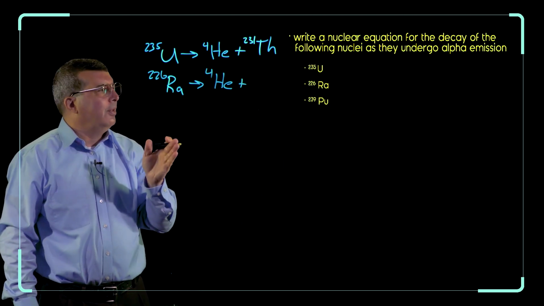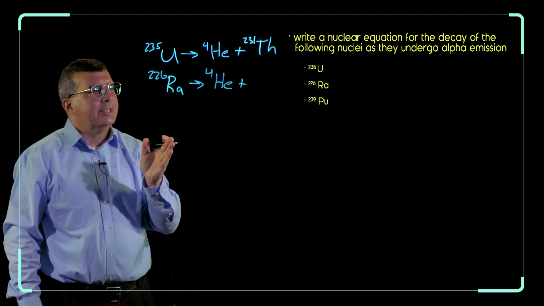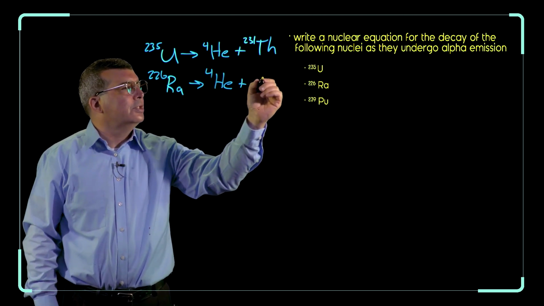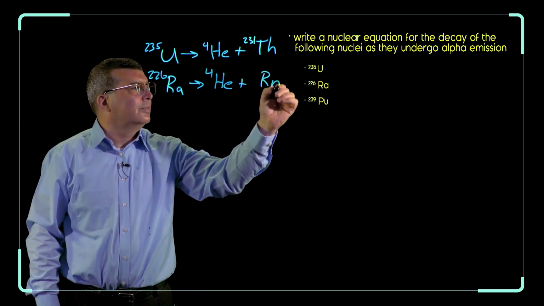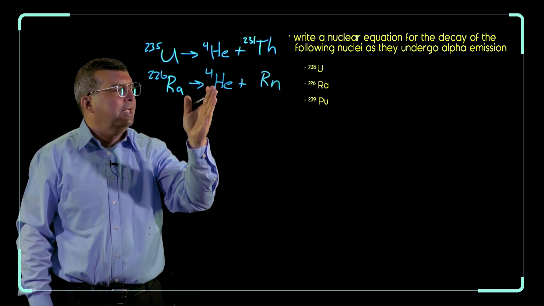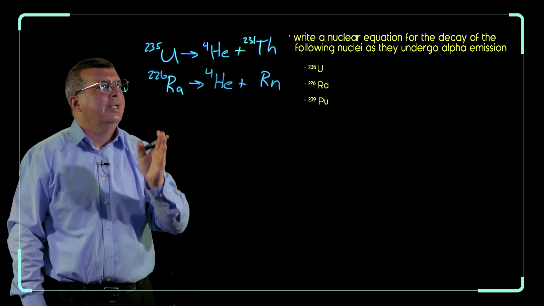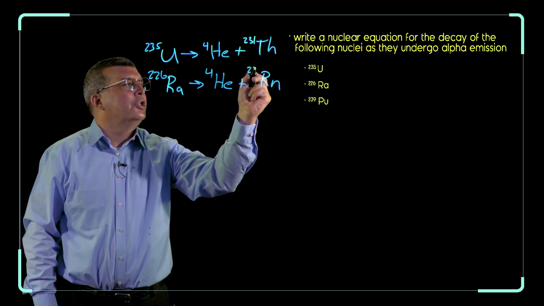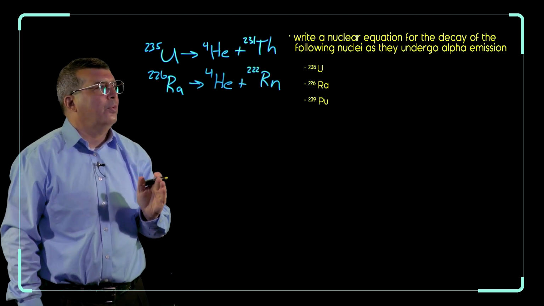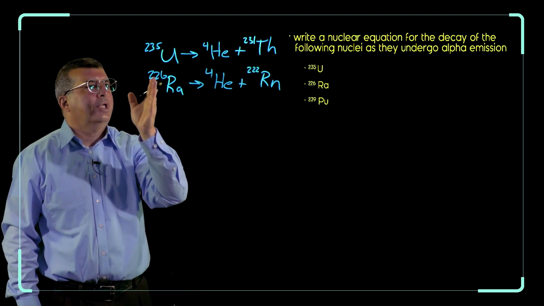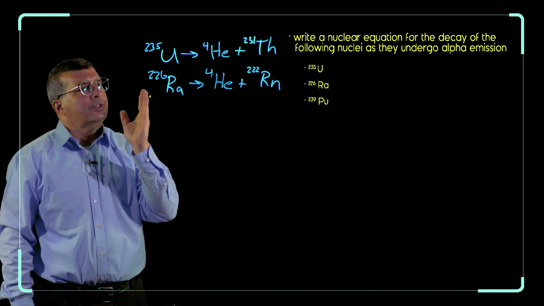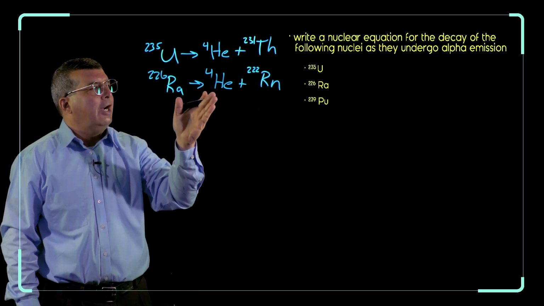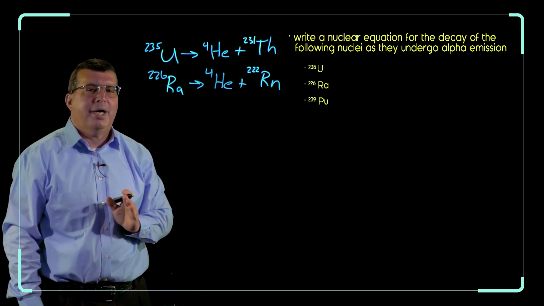Radium, consulting our periodic table, is element 88, so it loses 2 protons, becomes element 86, which is radon. So radium ejects a helium, becomes radon, starts off with 226 nucleons, so it must be left with 222 after it ejects 4. So 222 plus 4 gives us our original 226. So radium-226 alpha decays and becomes radon-222.